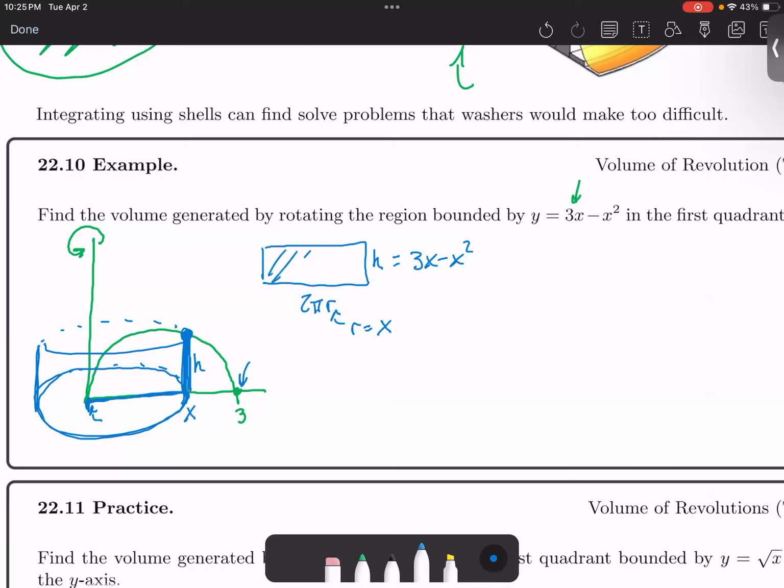So the area of these shells will be 2 pi x, that's my radius, times the height, 3x minus x squared. So that right there is the area of the shell, and then we're going to nest these shells, starting with the smallest one at 0, and integrating all the way until x is equal to 3.